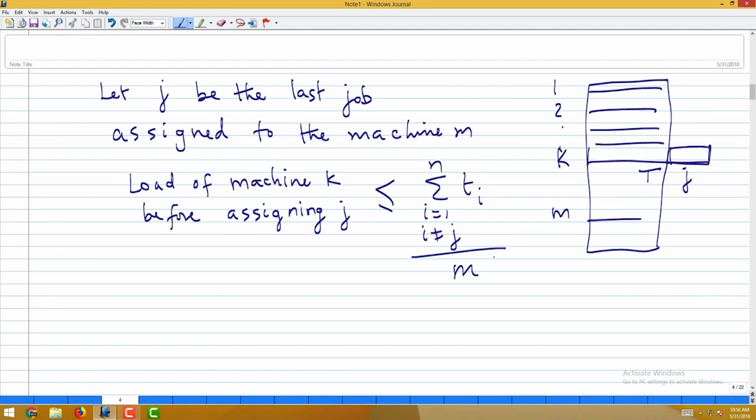Agreed? Because if you sum all the loads of all the machines just before assigning this last job, except for j, their total time is the summation of T_i minus T_j, divided by m, because this machine had the least load at that time. So, this load is at most this, right.